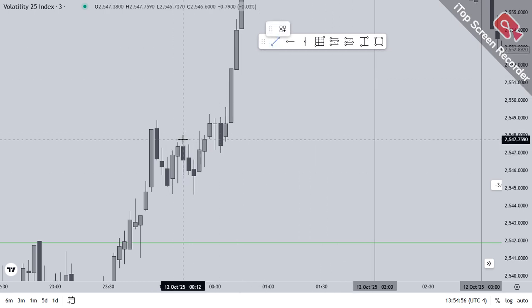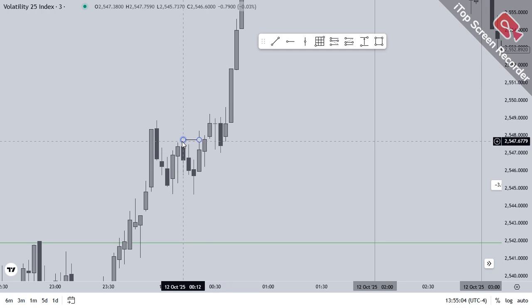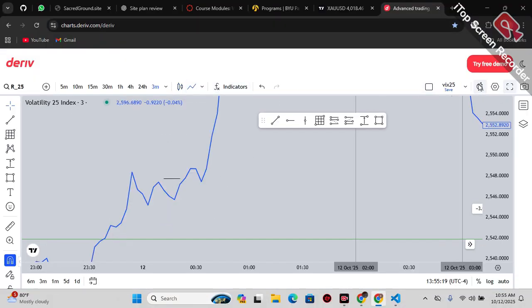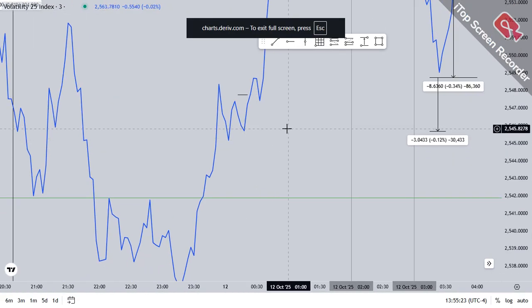So this is a high, right? So this particular candle is the candle that broke this high. So from here down to this push, okay, let me push it to line chart, right?